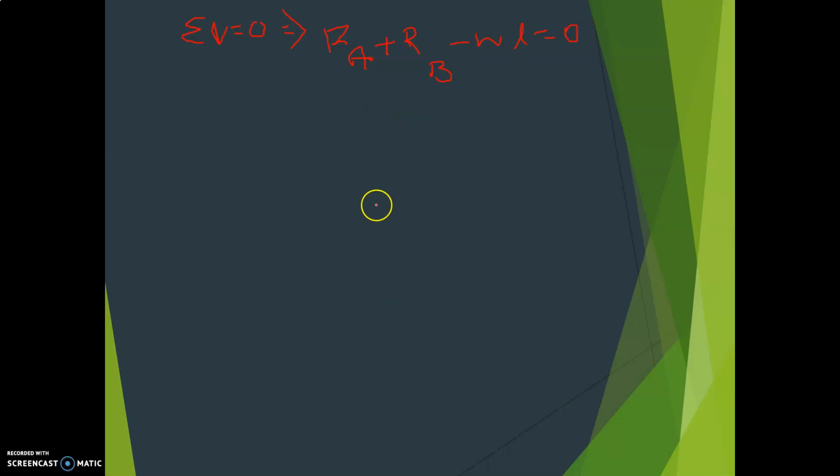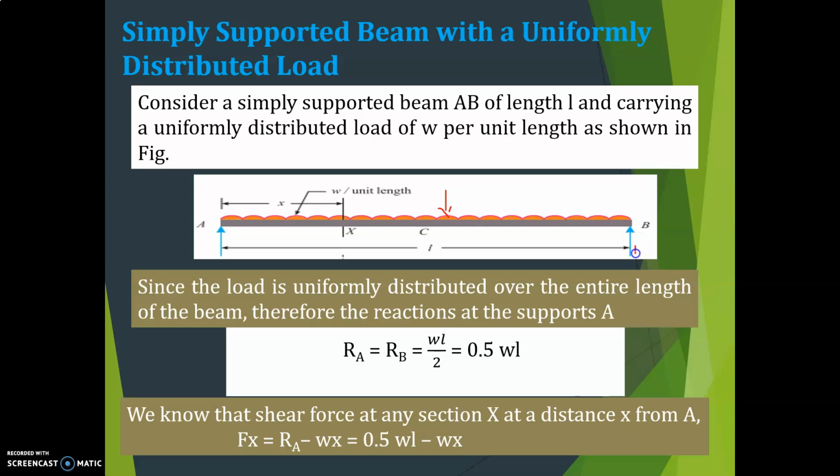Now use another condition of equilibrium. What is that? Summation of M is equal to 0. I'll consider moment about A, so summation of moment about A is equal to 0. Here this is RB and this is RA.